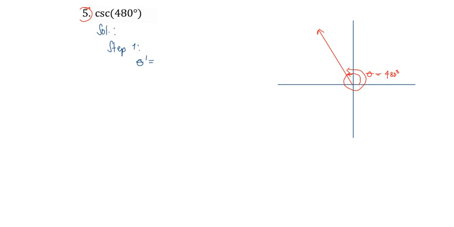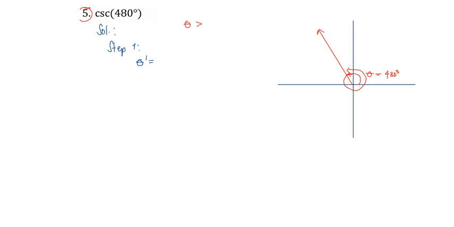So yan yung 480. But we cannot immediately find our value for the reference angle with the value 480, because there is a rule that if you are going to use a formula ng ating reference triangle, it would just be applicable from 0 to 360 na interval.